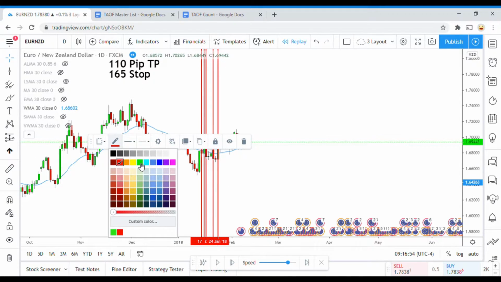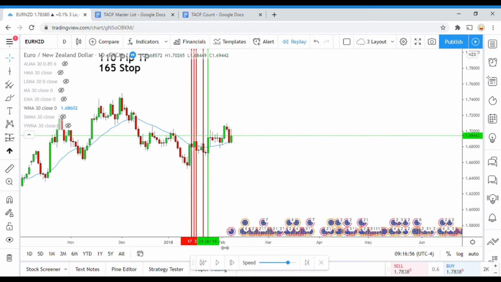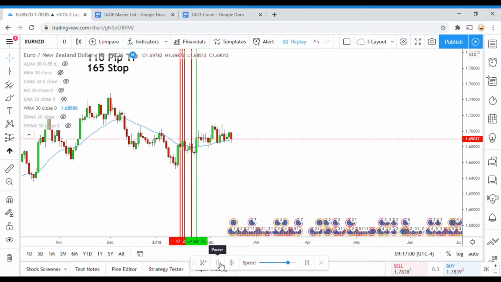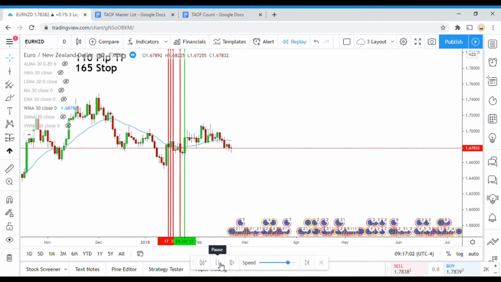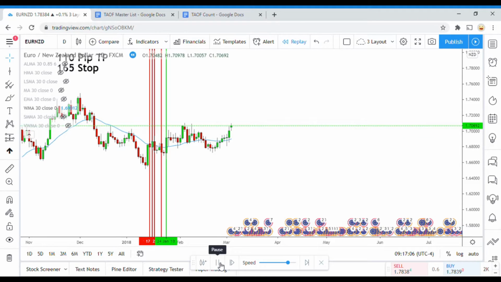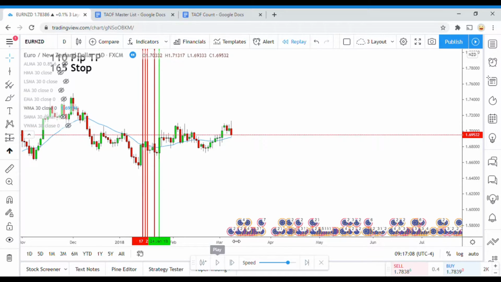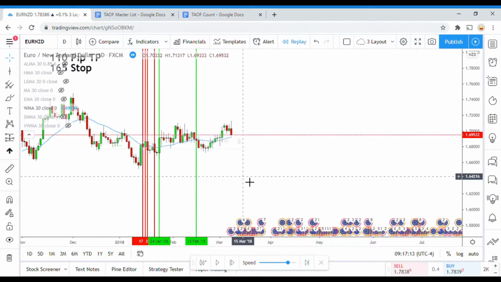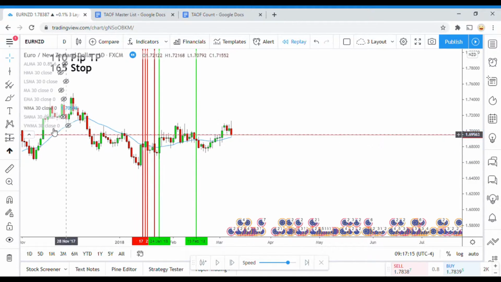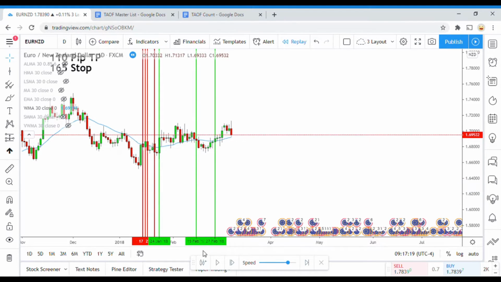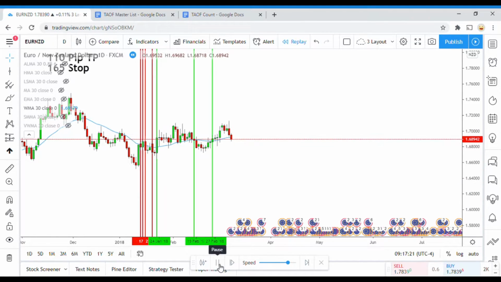But of course, don't make any assumptions, because I have done that in the past, and by the time I get to the end of the year, it turns out that the indicator can actually be profitable. So we will give it the benefit of the doubt and keep plugging along here.